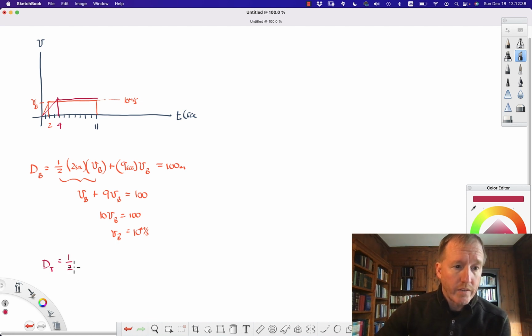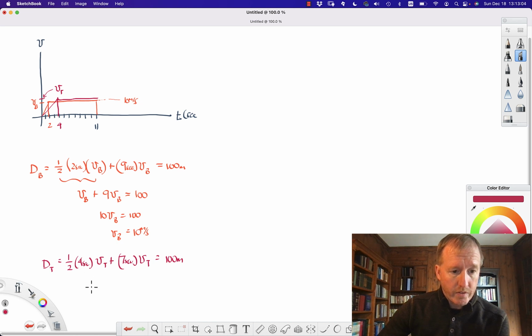So the distance that Ted travels is going to be the area under this triangle right here, which is 1/2 of the base, which would be 4 seconds, times whatever the velocity that Ted is going at. So that'll be up here. That is going to correspond to the velocity of Ted. And you add on, well, 11 minus 4 for 7 seconds, he is going to be going at whatever his velocity is, and that has to equal 100 meters.